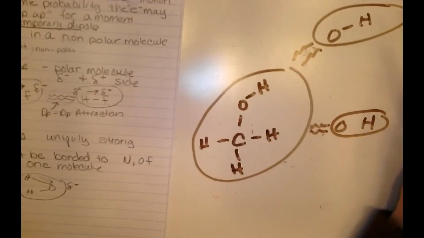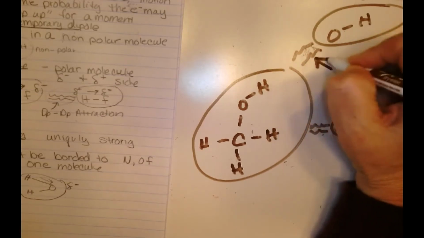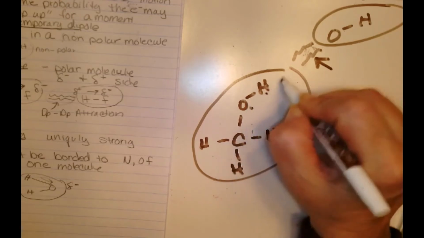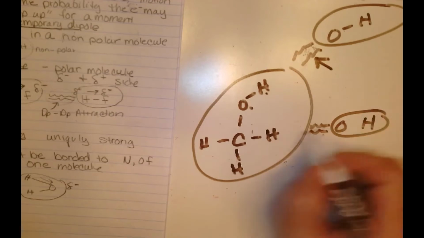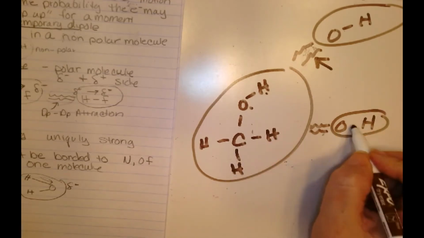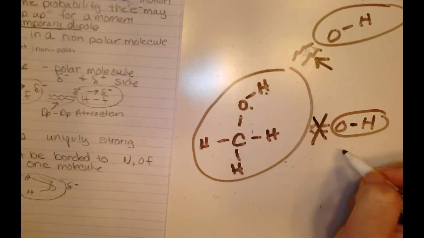There's only one hydrogen bonding site here, and that's this one, because my hydrogen has to be bonded to an oxygen in order to form a hydrogen bond. Okay, so this hydrogen is bonded to a carbon.